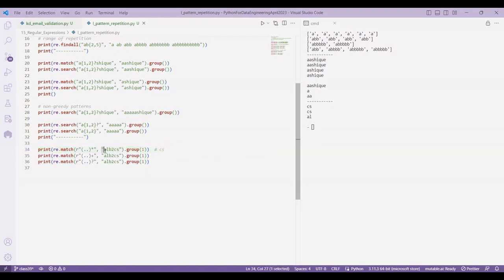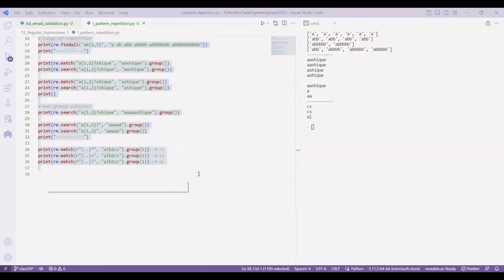Did you see that AL is the first match? Next, again it found two characters, and again two characters. That's the reason, as these two are greedy, you got the last pattern which was matched. Whereas this is non-greedy, it is satisfied with the first occurrence itself. AL is the first group, and it was fixed with that. Hope you understood the concept of greedy and non-greedy patterns.